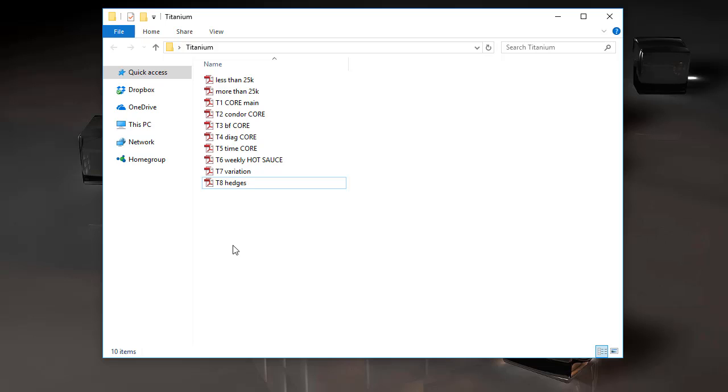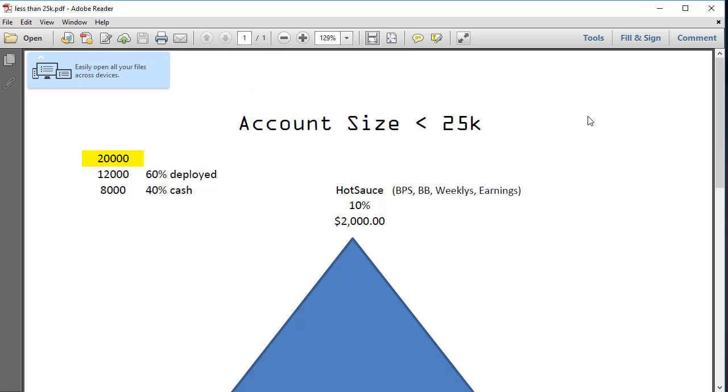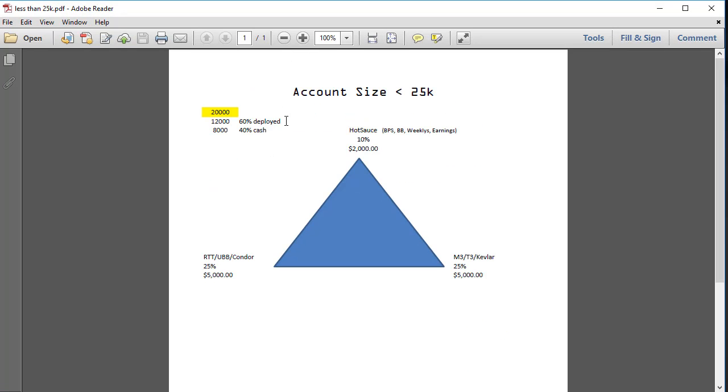Now, lastly, though, let's just talk a little bit about account sizes, because I think that this is one way to view it, just to add that barrier, add that layer of protection between you and having, say, a $20,000 account. Let's say you're starting out with a $20,000 account, and how is the ideal or how's the best way to deploy capital?